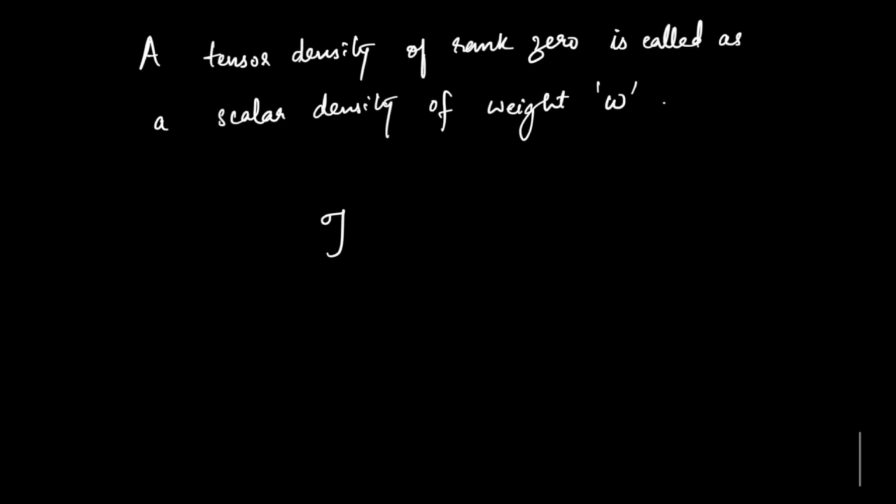So I don't have to write any indices. A rank 0 density will transform like this. This is the scalar density of weight w.